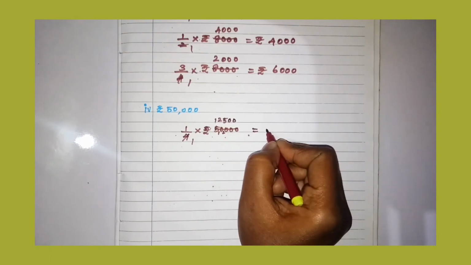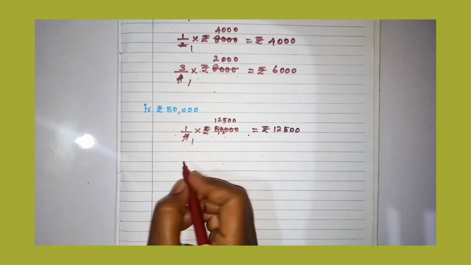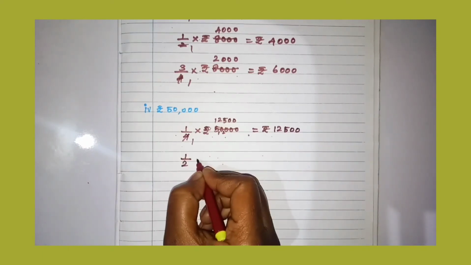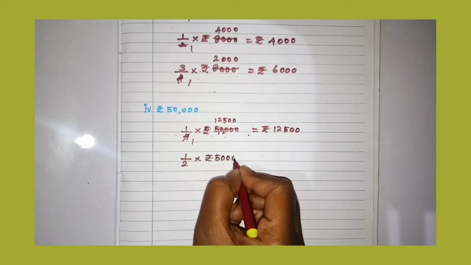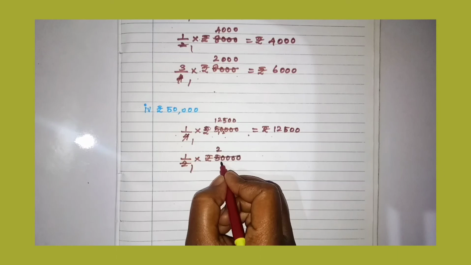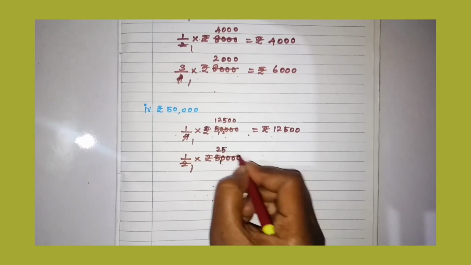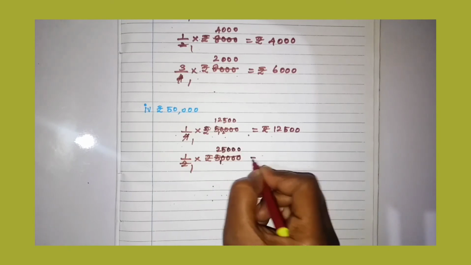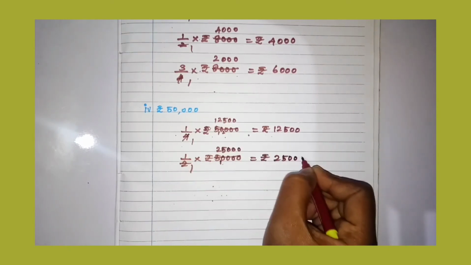So quarter part value is rupees 12,500. Next half part, 1 by 2 into rupees 50,000. 1 2s are 2, 2 2s are 4, carry 1, 5 2s are 10, adding 3 0. So half part value is rupees 25,000.